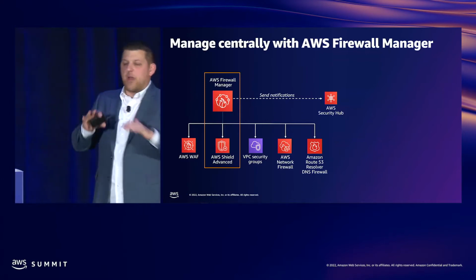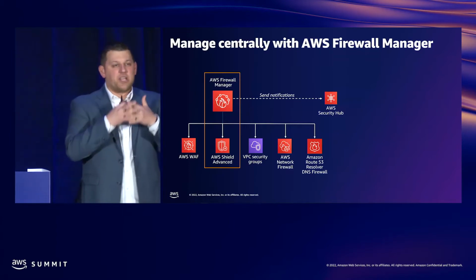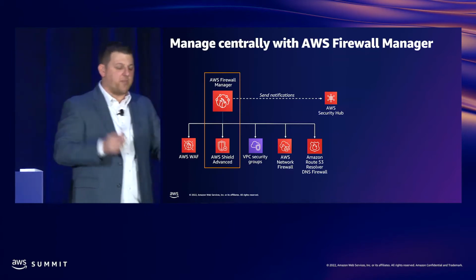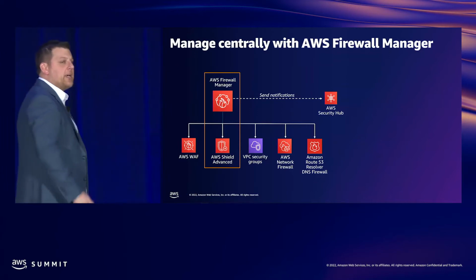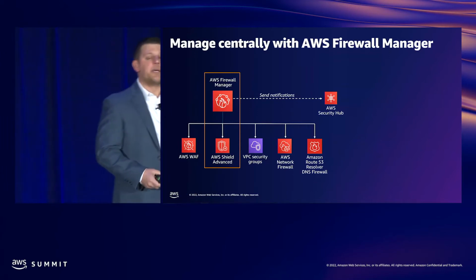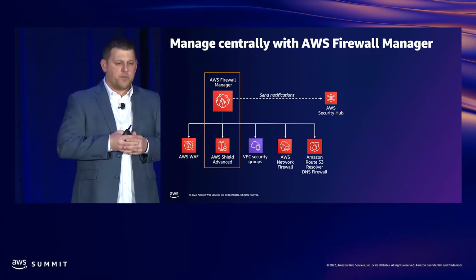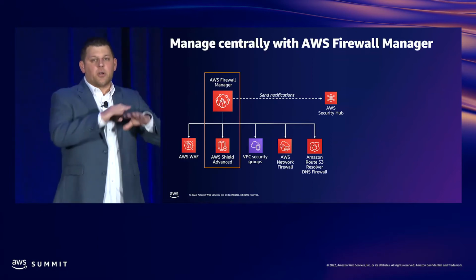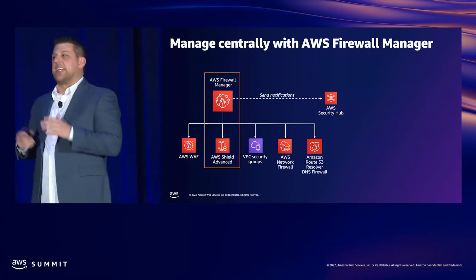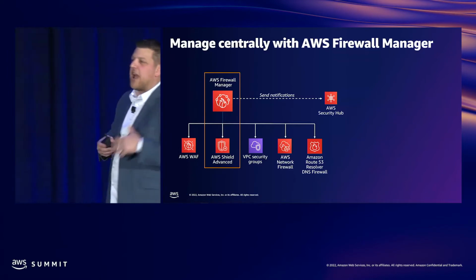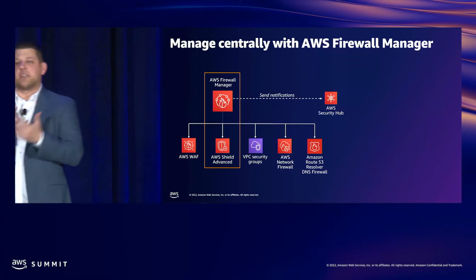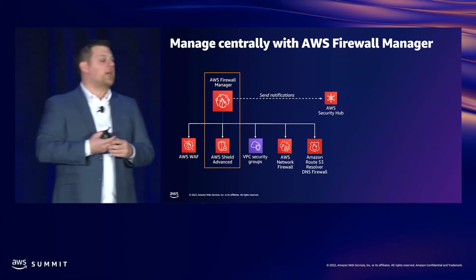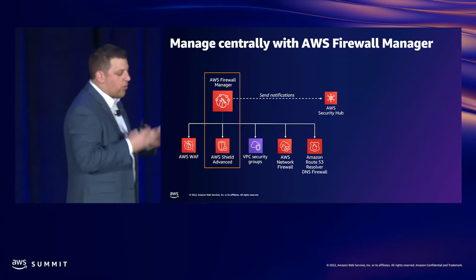So Firewall Manager becomes the central point where you can have visibility and push out security policy globally, and it really helps our customers with visibility and compliance as well. And as I said, compliance becomes very important. Firewall Manager integrates with Security Hub. We have a lot of customers asking about Security Hub, so we can feed in compliance, whether you're talking about CIS, HIPAA, PCI, or whatever it might be.